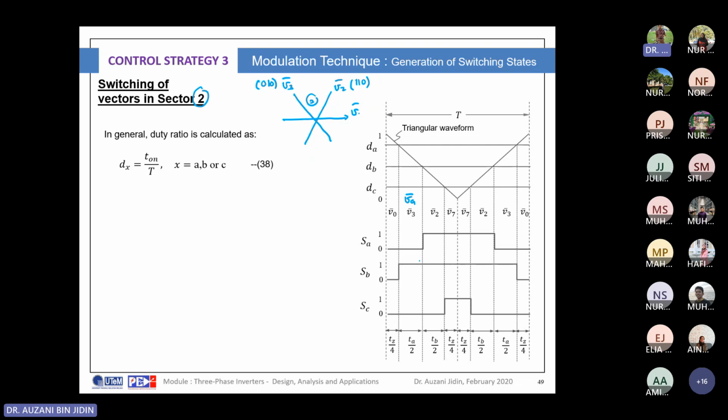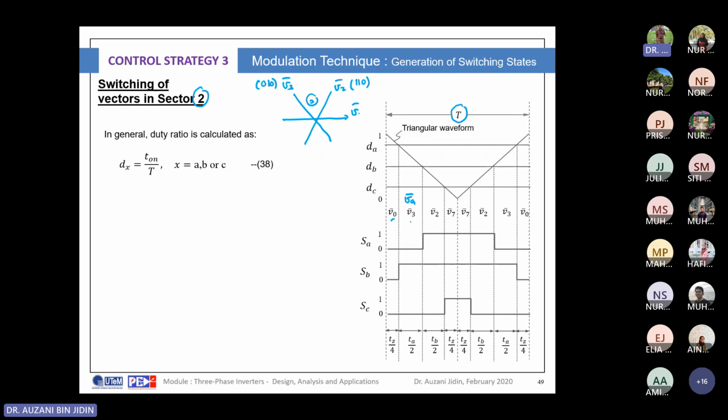So for the sequence of vectors in one switching period, the first vector selected is V0. Remember, for any sector, the first vector to be selected is V0. So the combination state is 0, 0, 0, V0.